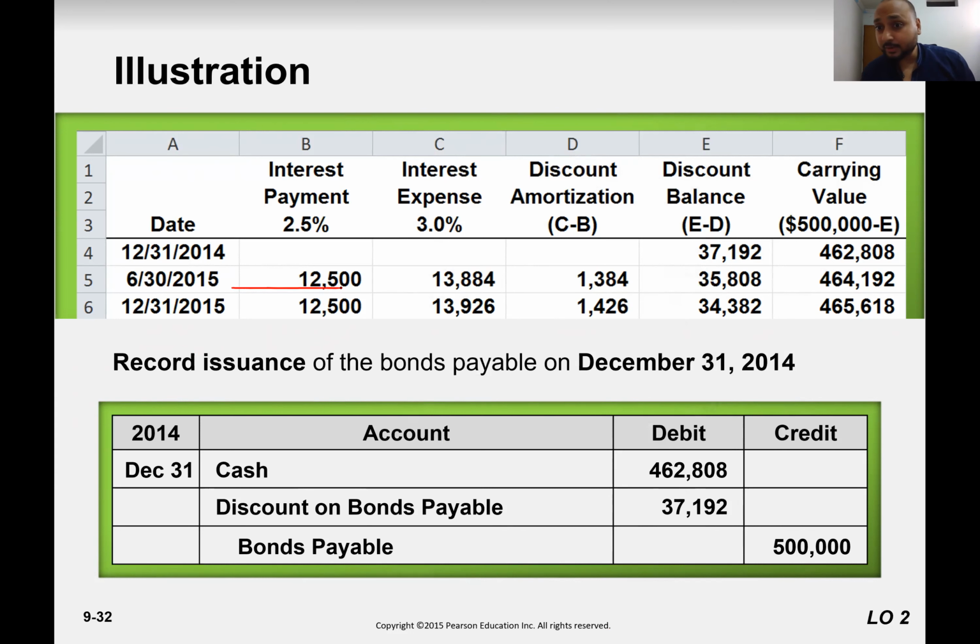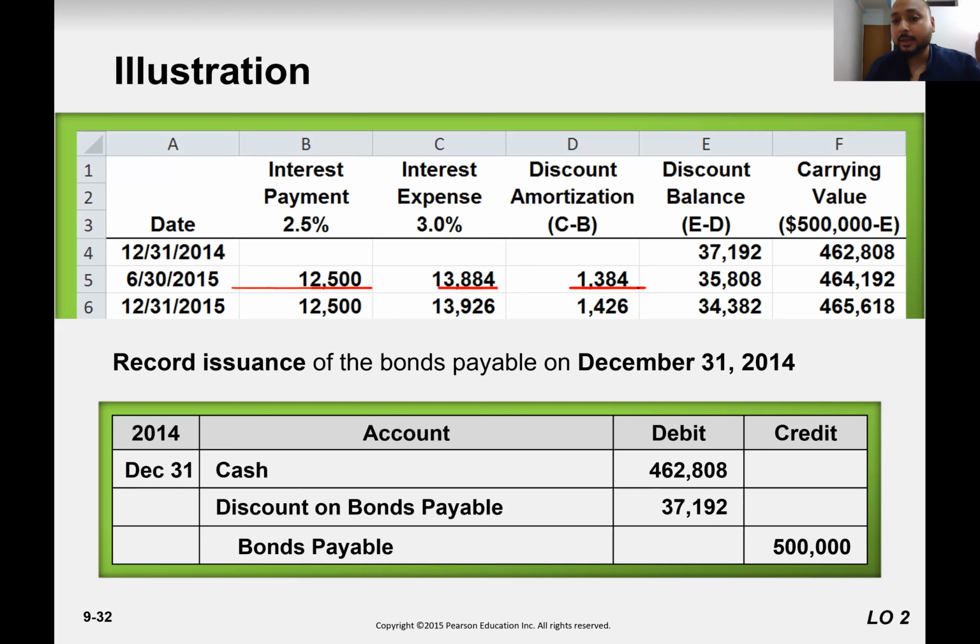Second entry for this period is for interest. So you will pay the interest, right? So interest payment means cash is going out. Cash, how much gone out? 12,500. Interest expense 13,884, and decrease in discount is 1,384.